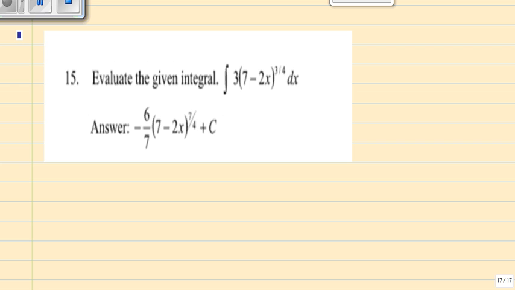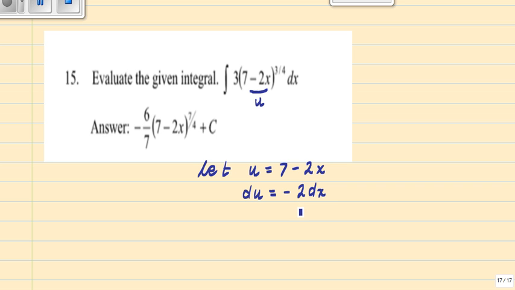In number 15, we see the only hope for us would be let u equal whatever we have in parentheses in here. So if I let u equal 7 minus 2x, then differential of u is going to be equal to minus 2 dx, and in this case dx by itself is going to be equal to du divided by minus 2, so this cancels.